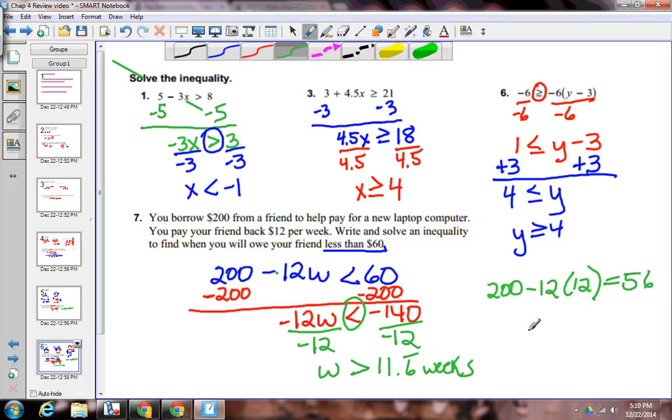So the answer is actually greater than 11 weeks, because at 12 weeks we finally get enough money. So not at 11. You could also say W is greater than or equal to 12. And don't forget that these are weeks, both of them. Both of these would be correct.